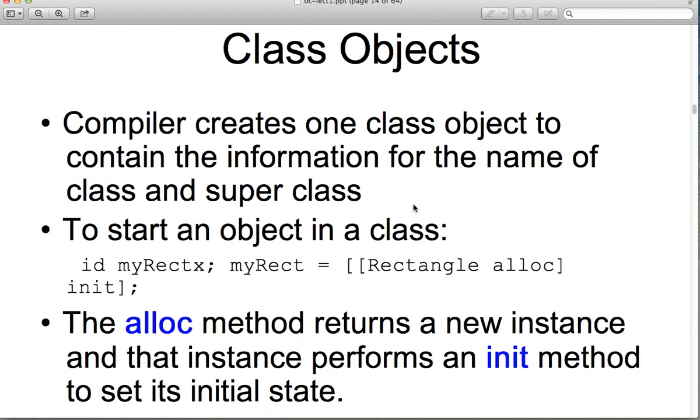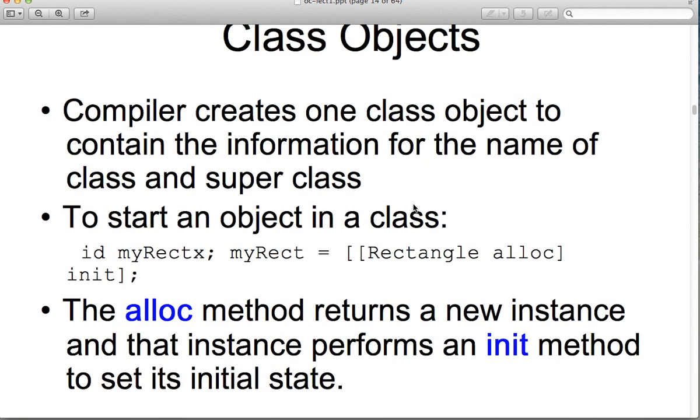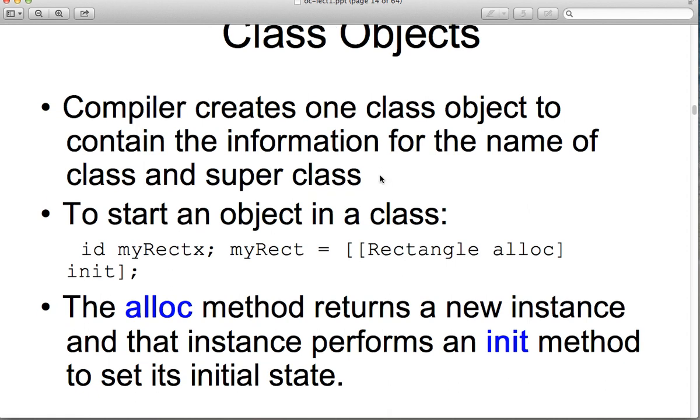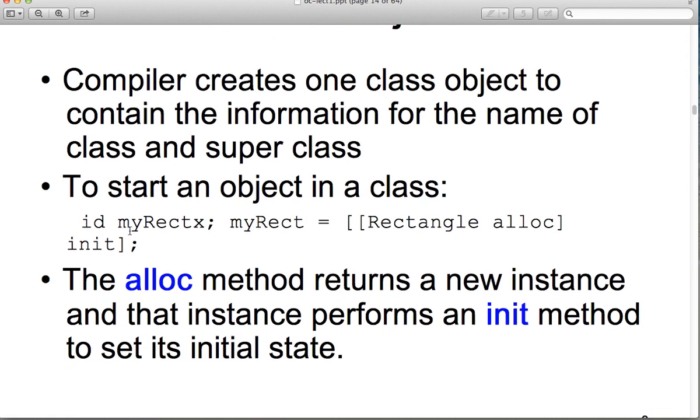So our class object that we just looked at in Xcode actually was the person or the student. So a compiler creates one class object to contain the information of the name of its superclass. To start an object in a class, we have the id rectangle as an example, and then rectangle is going to be equal to rectangle alloc and then init. We just saw that a few minutes ago live with person and student.